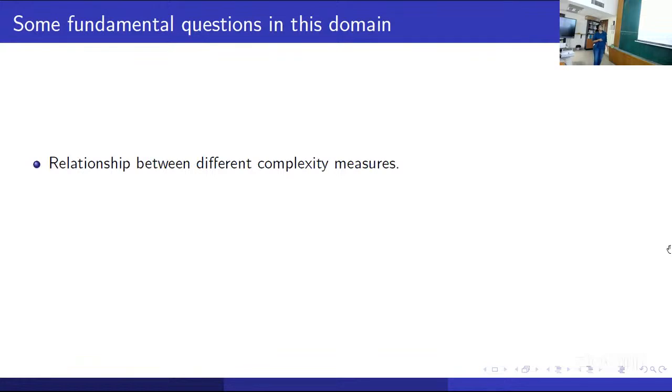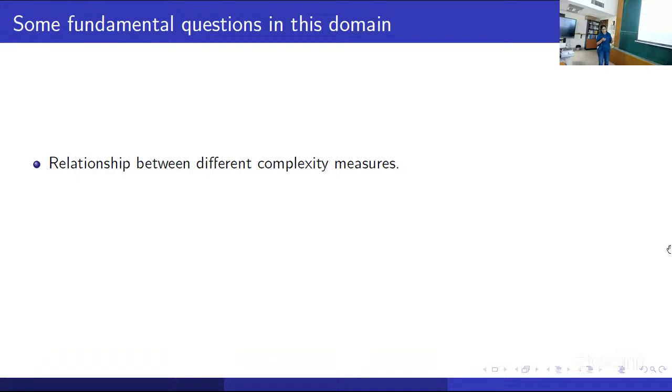So what are the fundamental problems that we want to understand here? You have various complexity measures. Suppose you have a deterministic algorithm and you add random resources there. Now you want to understand what advantage you are getting. One of the very basic problems that we study is relating two different complexity measures: whether there is a polynomial relation at all or not, or whether there is some nice example that achieves a separation between two complexity measures.